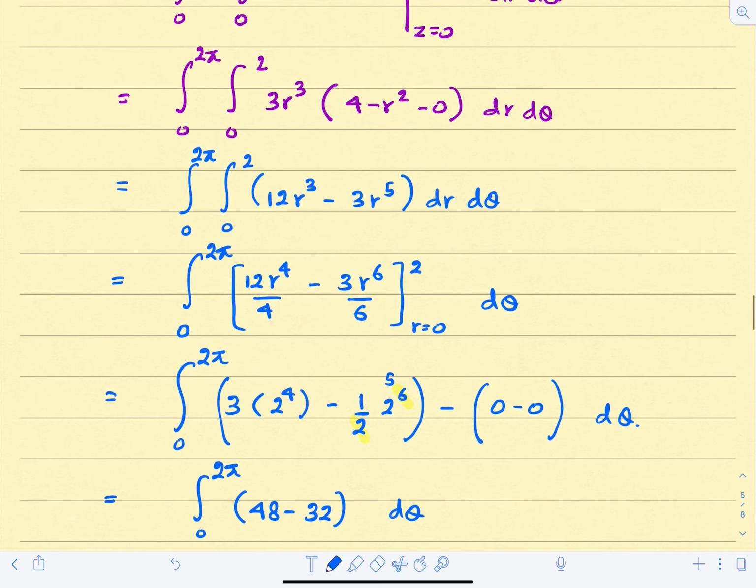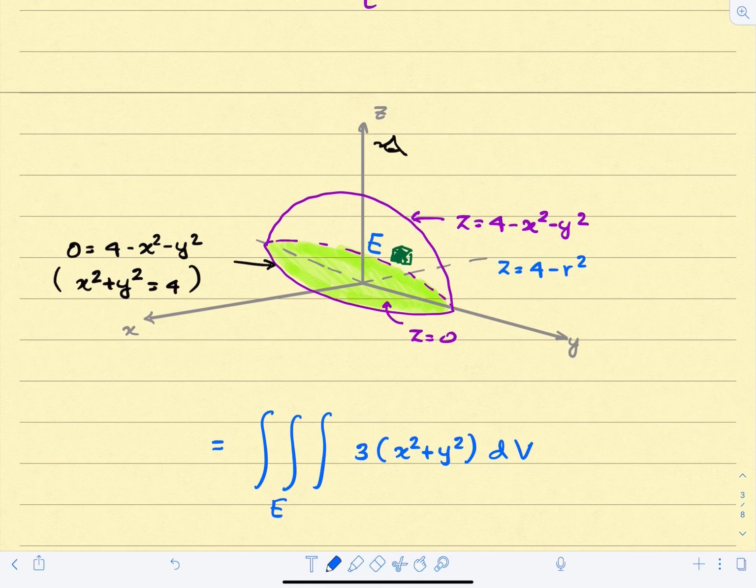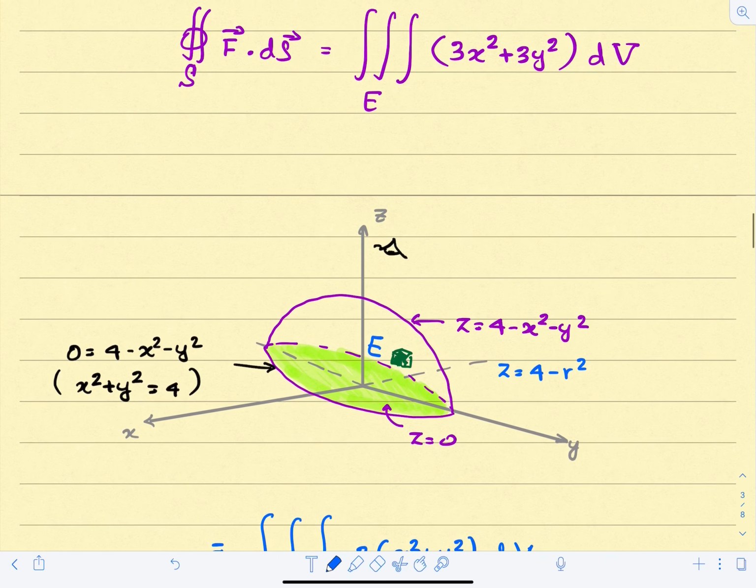Now this is the way we used the divergence theorem to evaluate a flux integral over a closed surface.